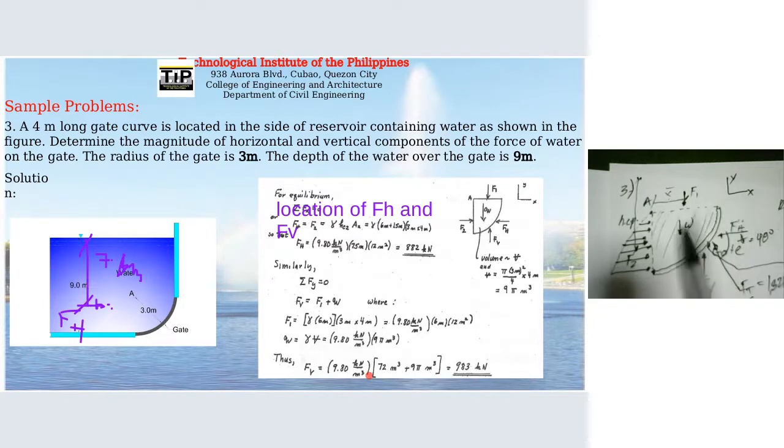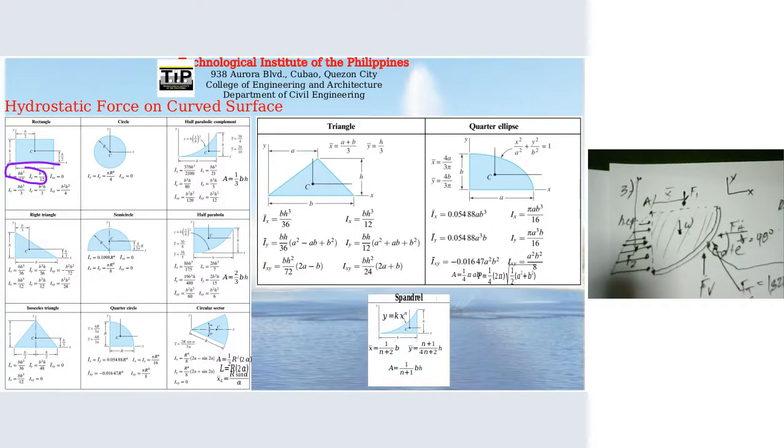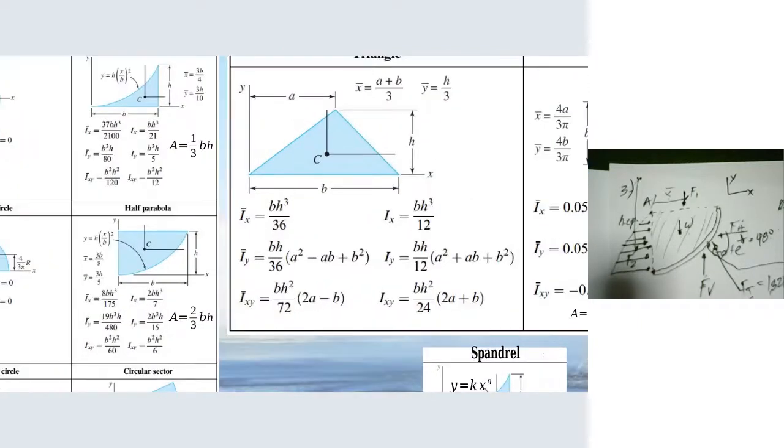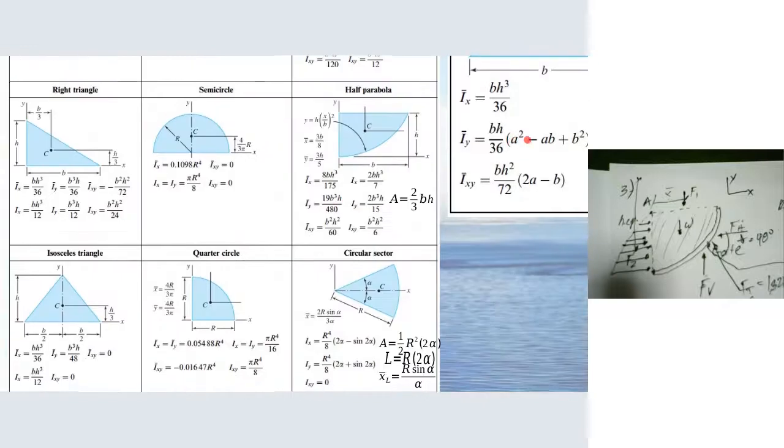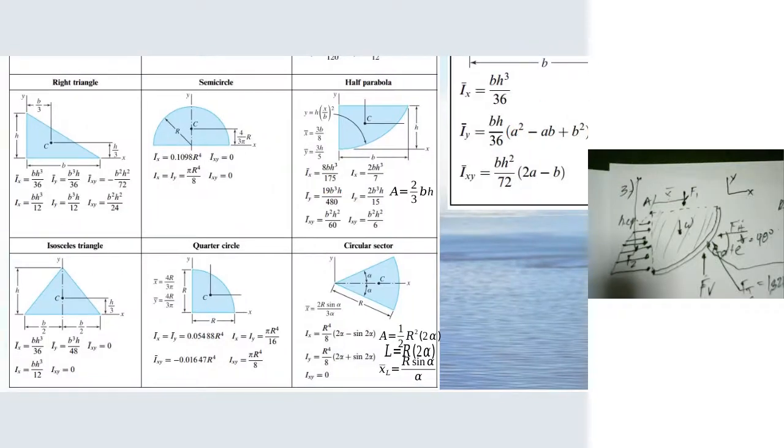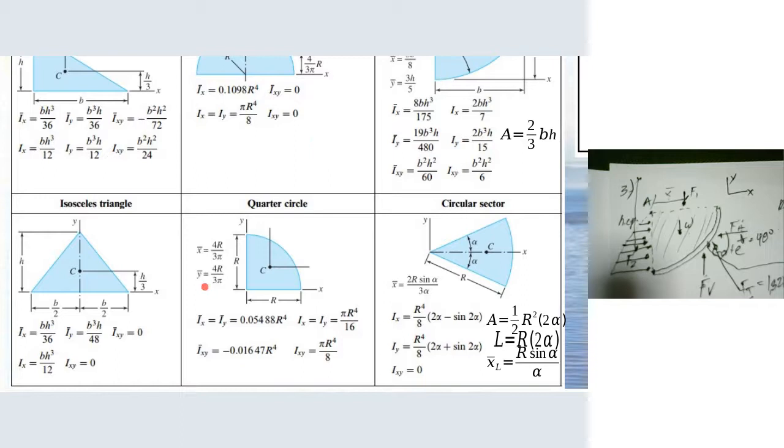But nasan po ba yung centroid ng quarter circle? Well, we can look at the table. Let's look for quarter circle. Yan. And then, this is your formula.